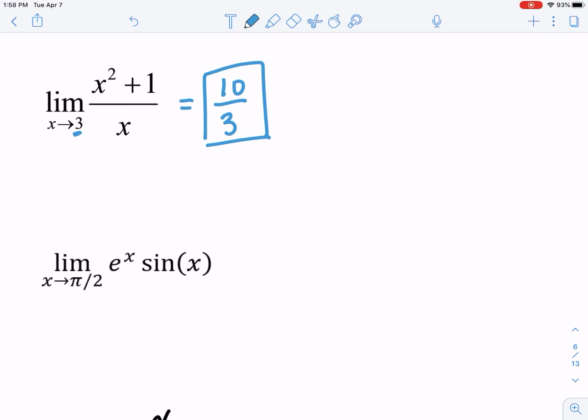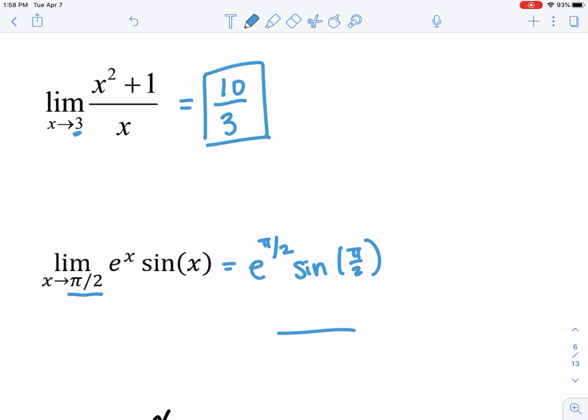Alrighty. Would you write the second one in your notes, please? We've got the limit as x approaches pi over 2 of e to the x times sine of x. So again, I'm going to plug pi over 2 in for each x I see into that expression. Again, I can see I'm not going to get 0 over 0, so let's start plugging in here. I'm going to get e to the pi over 2, which is irrational. That's fine. I'm going to leave it like that, times sine of pi over 2, right?